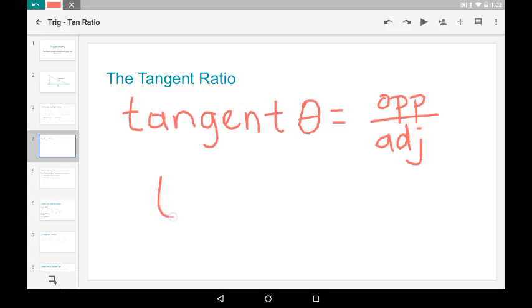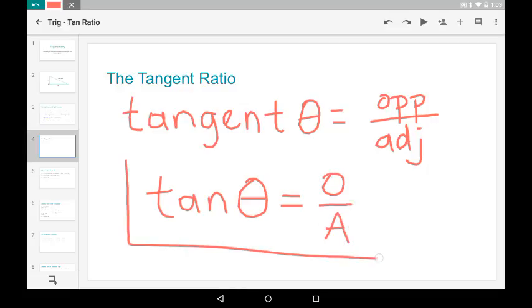The formula we use is tan theta, theta being a 0 with a line through the middle, is equal to O for opposite over A for adjacent. This is the formula you need to know and remember. This is the one we'll be using in the next couple of equations and examples.